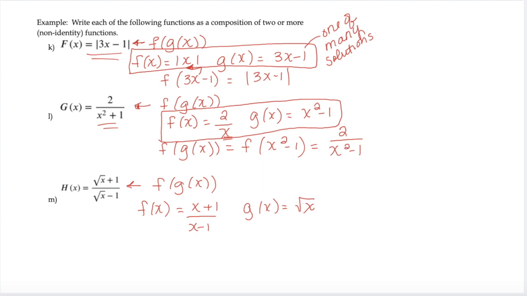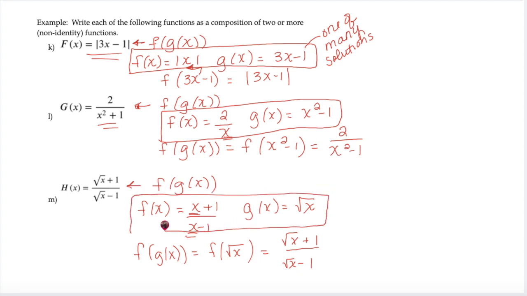So when I'm looking for f of g of x, I'm going to substitute into my f function my g function, which is the square root of x. So everywhere I see x, I will replace it with the square root of x. Square root x plus 1 over square root x minus 1. Again, one of many results that could give us our h of x or f of g of x.